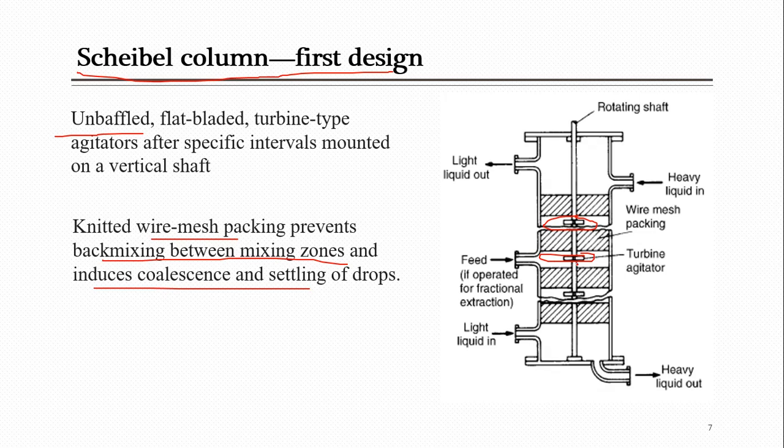Droplets are created from here due to this agitation, and then when they come to this packing, they start settling. Settling means they start getting together, collecting to each other, or combining to each other.